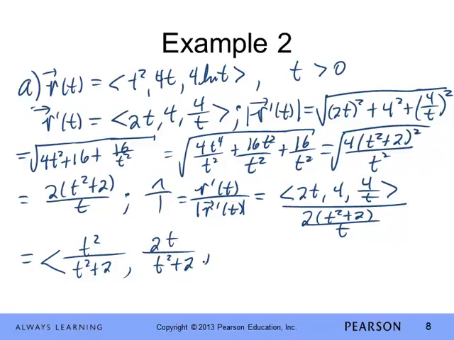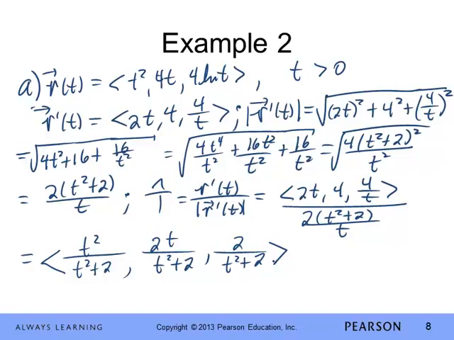And finally, 2's will cancel, 1 over t's cancel, leaving you just with 2 over t squared plus 2. So there's t hat. It's a function of t.